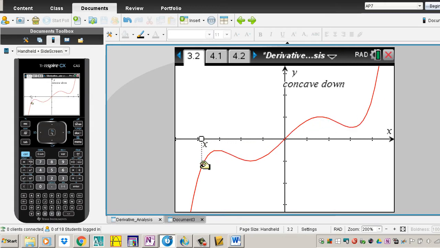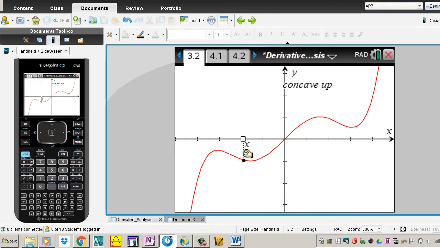Now, since we're talking about max and mins in this video, when x has a maximum, what is the concavity of this maximum here? If you look at the top right of the screen, you have concave down. What about minimum? You have a concave up. Again, maximum, concave down, minimum, concave up.